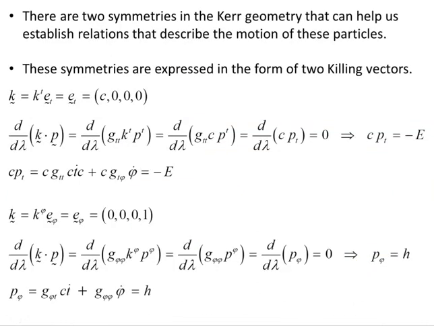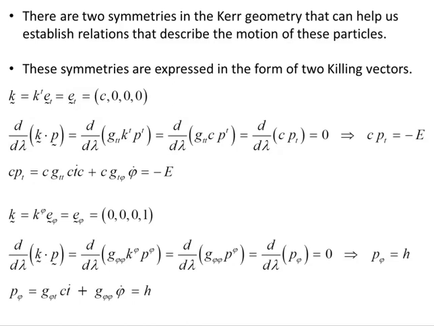Alright, now there are two symmetries in the Kerr geometry that can help us establish relations that describe the motion of these particles. If you remember the Kerr metric, which I've not explicitly stated here, but have many times in the previous videos, there are two coordinates which are not explicitly represented, the time one and the azimuthal angular coordinate.